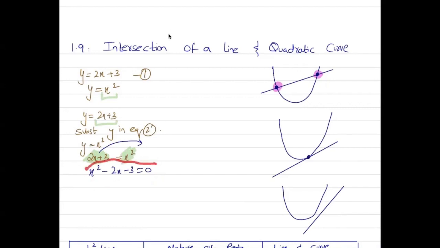If I'm going to solve this quadratic equation, I'm going to be getting the following roots. I'm getting 3 and minus 1. This equation x square minus 2x minus 3 equals to 0.